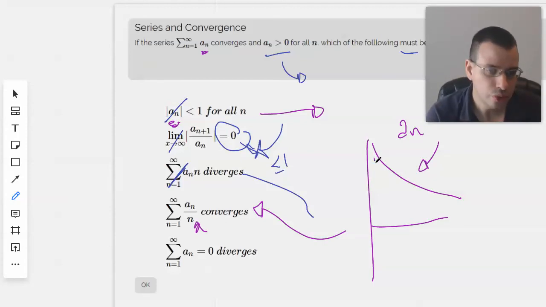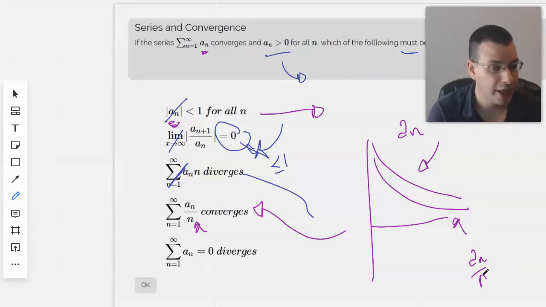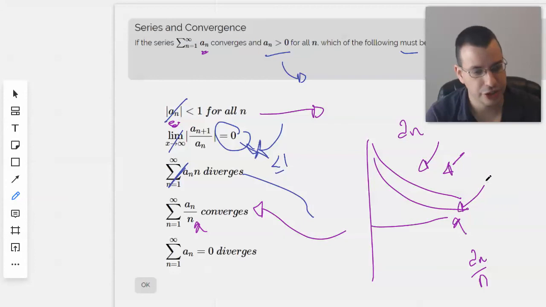So a of n over n, this series divided by n, will be smaller than the series of just a of n. And if this converges and something smaller converges, then the thing that's smaller has to converge as well.